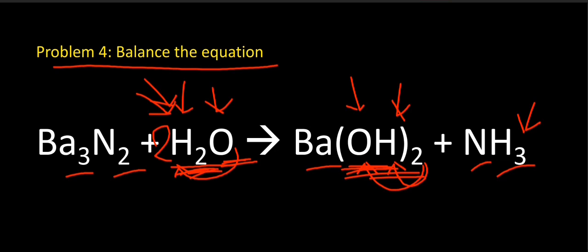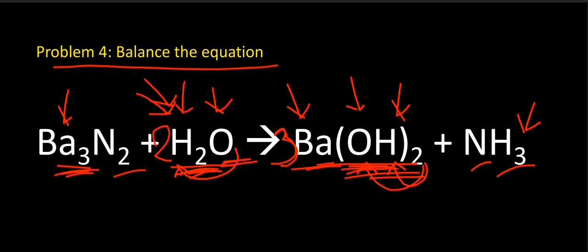So let's look at the number of barium atoms. We have 3 barium atoms here and 1 barium atom here. We can easily solve this by putting a 3. That means 3 times 1, 3 barium atoms on this side. That is equal to this. But when we are putting a 3, something interesting is happening. We are multiplying the whole compound, right?